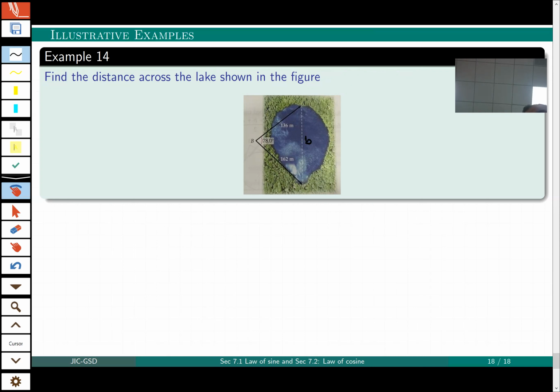So we will say here B squared should equal 136 squared, plus 162 squared, minus 2 times 136 times 162 cosine the angle 78 degrees.